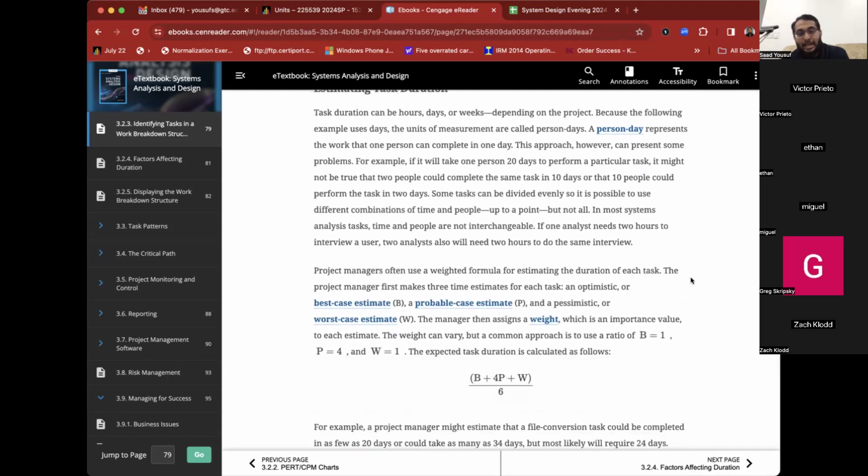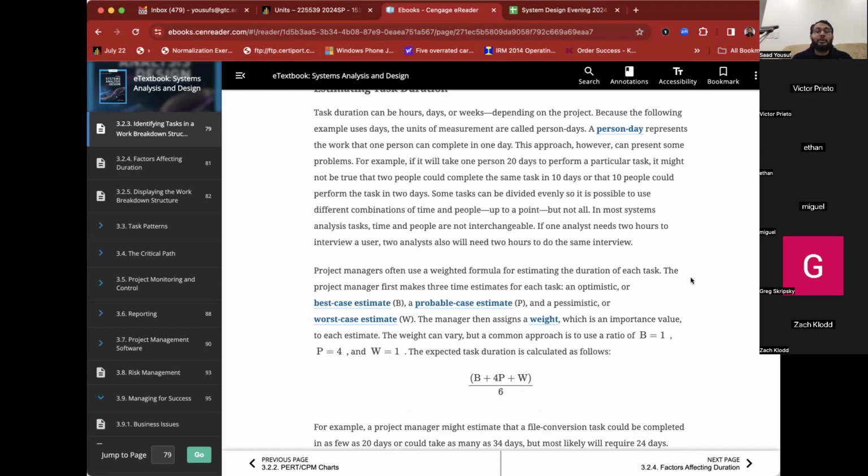And then as a project manager, we have to look at 3 different scenarios. One is the best case estimate, one is the worst case estimate, and one is the probable case estimate. So the manager then assigns a weight to each one of them. For example, the best scenario is given the weight of 1. The worst scenario is also given the weight of 1.